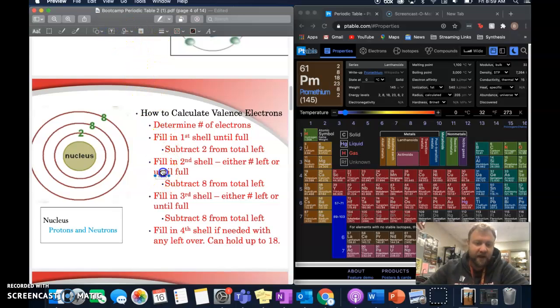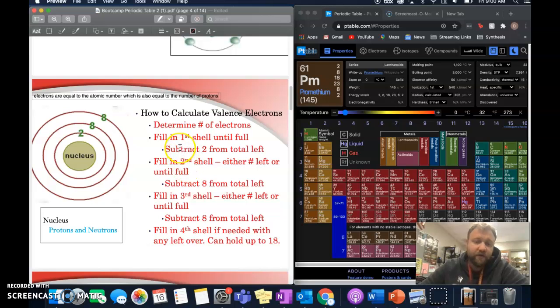Just as a reminder, and this is in your notes for atoms, our electrons are equal to the atomic number, which is also equal to the number of protons. So that's how we figure out our electrons. This should just be review.